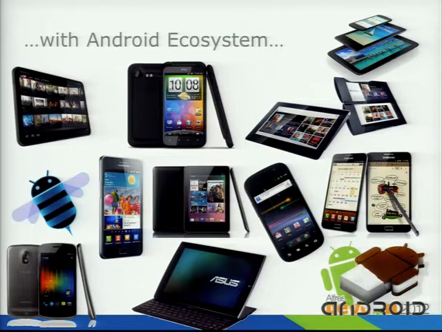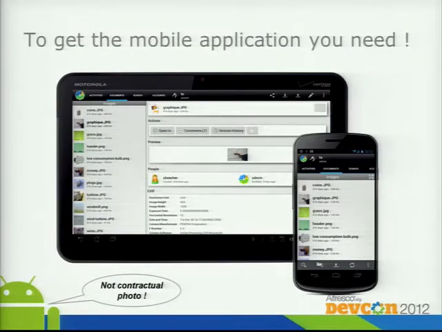So it must work on tablets, on simple phones or smartphones, depending on the site, depending on everywhere. We need something that can support every device, to create your own applications that support all the Alfresco parts and all the Android devices.